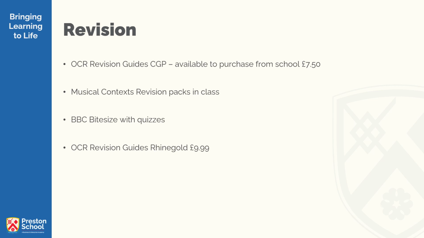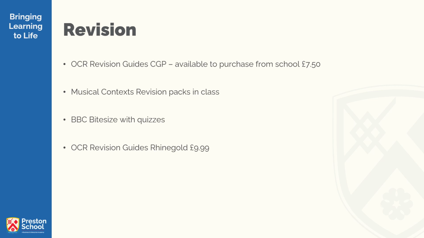As far as revision goes for our lovely students, they have their class workbooks which have all of the genres in, and they have a big pack of knowledge organisers as well, and that's courtesy of Musical Contexts. So on the screen now, the OCR Revision Guide CGP, and those are available to purchase from school, £7.50. Quite a few students have those already.